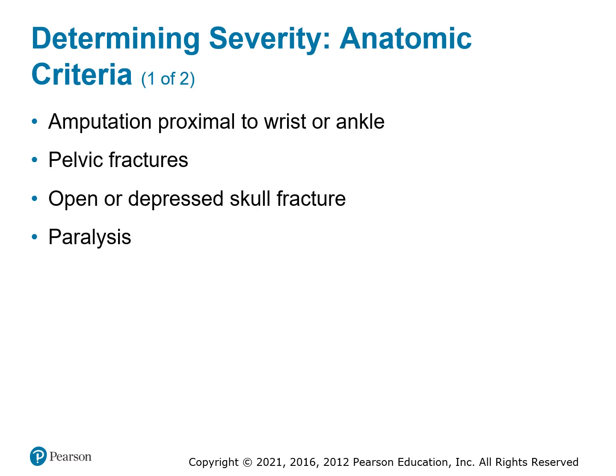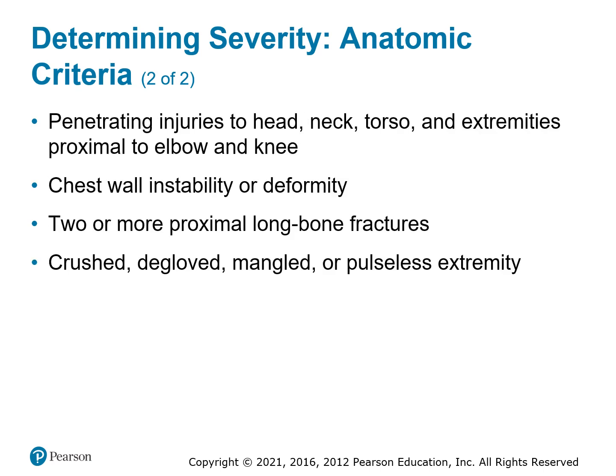Some anatomic criteria: an amputation proximal to the wrist or ankle, so anything in your forearm or calf, would be indicative of a priority patient. Pelvic fractures, open or depressed skull fractures, paralysis, penetrating injuries to the head, neck, torso, and extremities proximal to the elbow and knee, so anything toward the body from the elbow and knee that's a penetrating trauma.